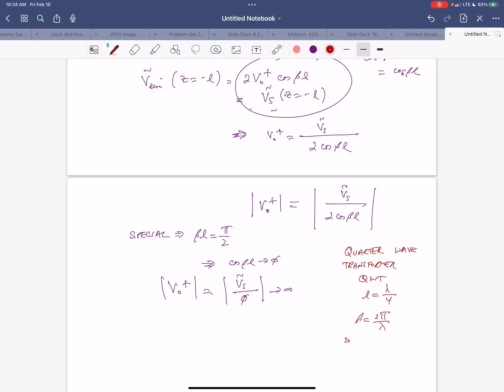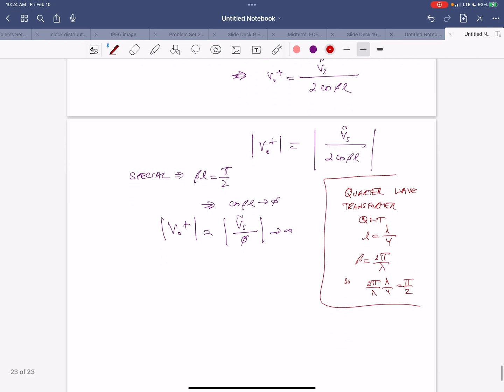So 2 pi over lambda times lambda over 4 is equal to pi over 2 in this case. For a given wavelength, a given length of line with an unterminated end gives you a very, very large input voltage because of this interference.